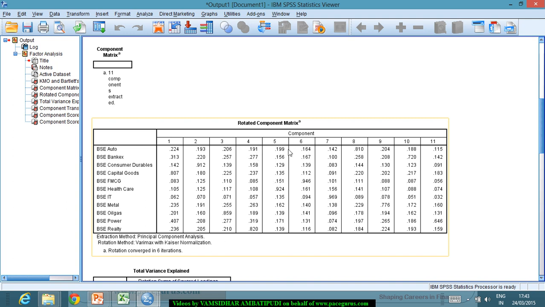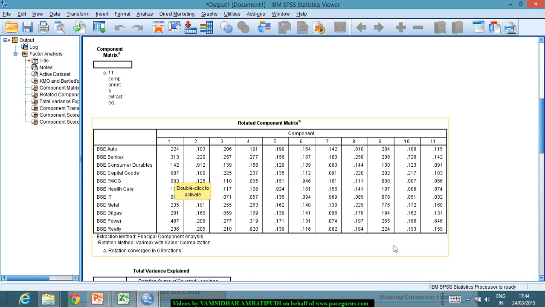So this is how the components are typically extracted. In component 1 there is a heavy weightage on capital goods. Component 2 is heavy on consumer durables. Component 3 goes heavy on oil and gas. Like this, these components are typically formed. This is C1, this is C2, this is C3, and so on up to C11.